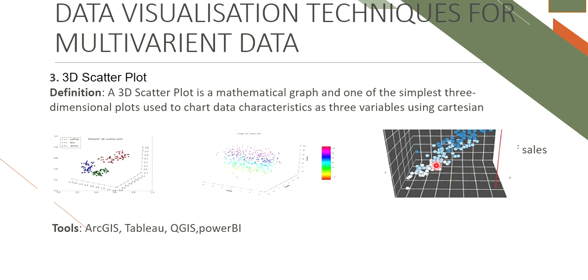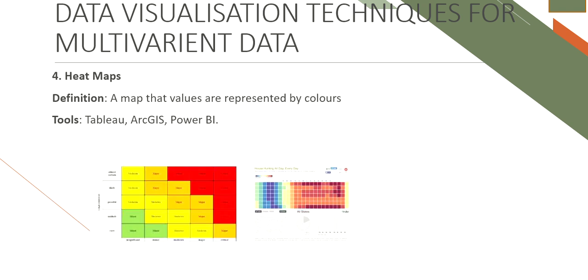The same scatter plot is used as a 3D, that's all. The meanings are the same, but this is 3D and that is 2D. Okay. So next we have a heat map. Using the heat map also we can represent multivariate data. The heat map is common in all the three visualization techniques, so you can write heat map for all the three techniques.